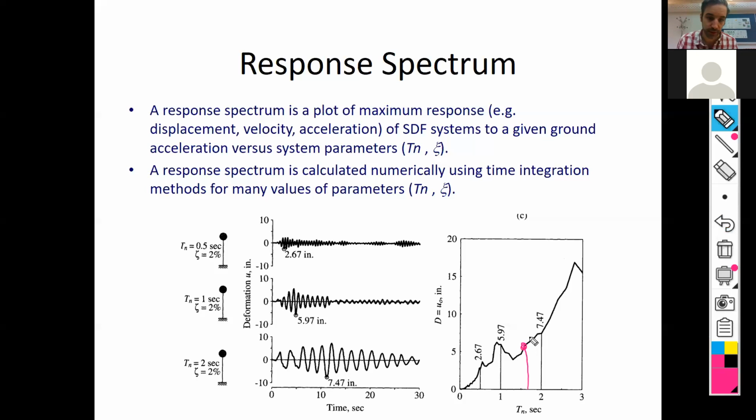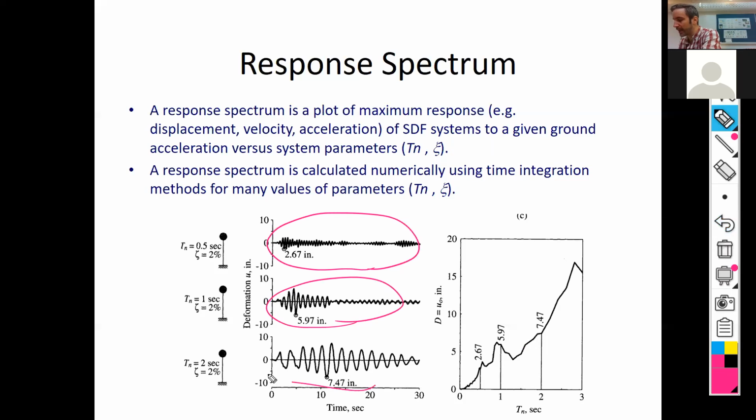Maybe 5 inches or something like that, right? So the response spectrum is a way of trying to summarize or put together all these results from all these different analyses into one single curve, okay.